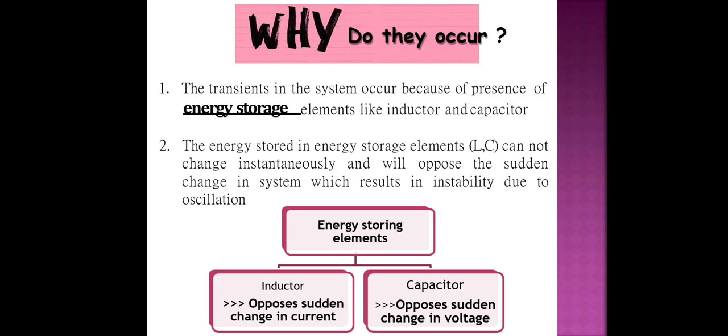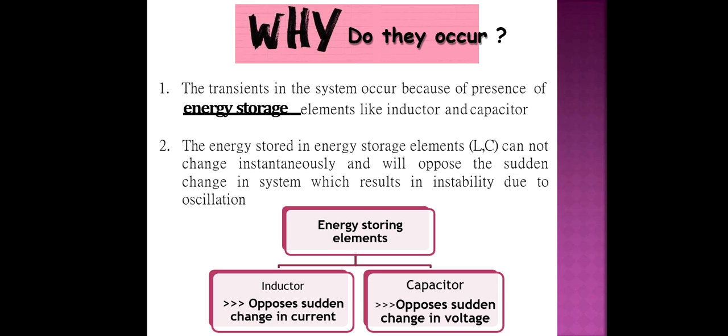So here the energy storing elements are there, and we used to take the two elements, L and C. An inductor opposes a sudden change in the current. A capacitor opposes a sudden change in the voltage. So the energy stored in energy storage elements like the inductor and the capacitor cannot change instantaneously, and they will oppose the sudden change in a system.